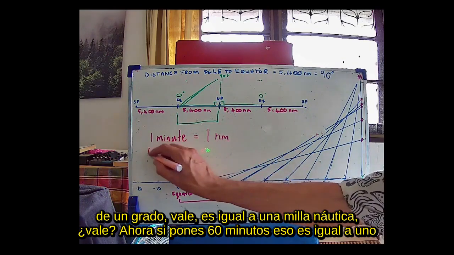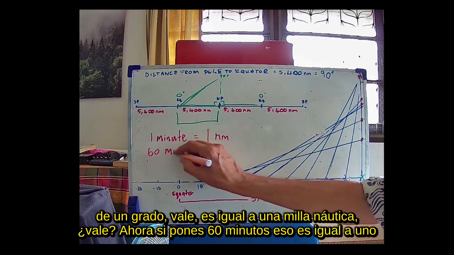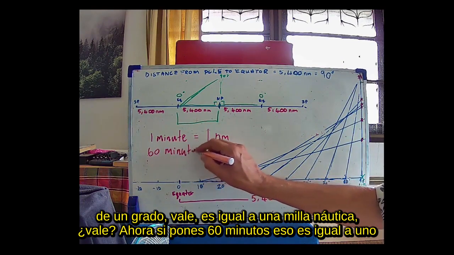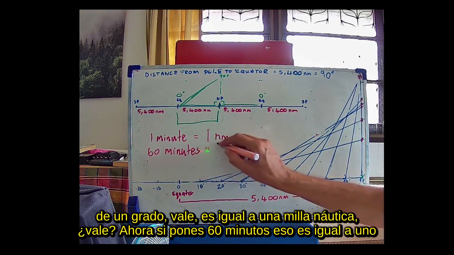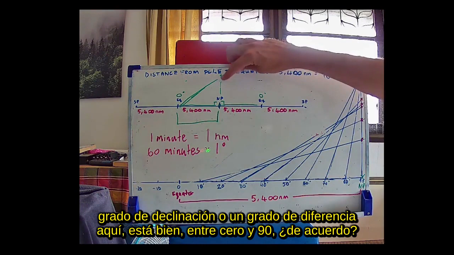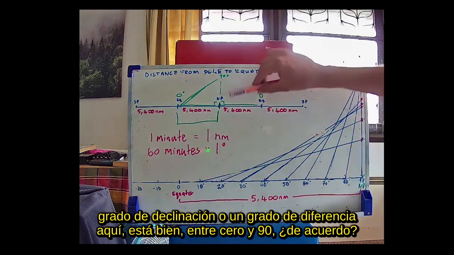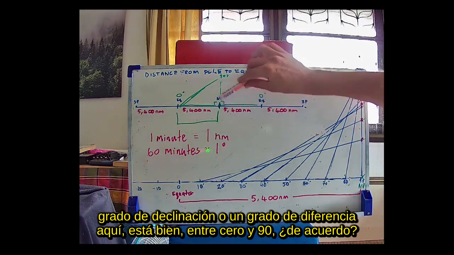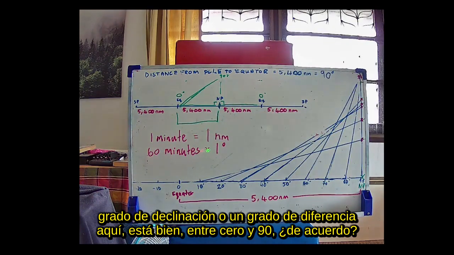Now, if you put 60 minutes, that's equal to 1 degree of declination, or 1 degree difference here, between 0 and 90.